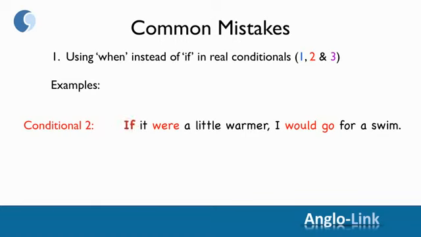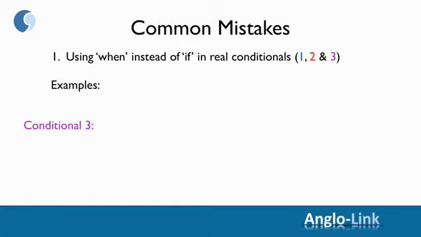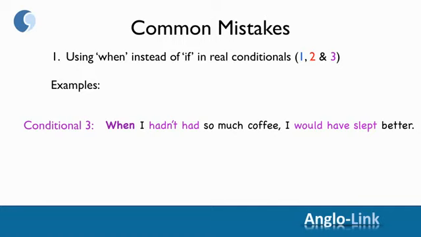Let's look at an example in conditional 3. When I hadn't had so much coffee, I would have slept better. Once again, you cannot use when in a conditional like this. Conditional 3. It has to be if. If I hadn't had so much coffee, I would have slept better.